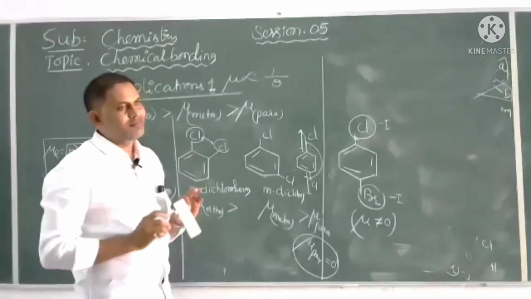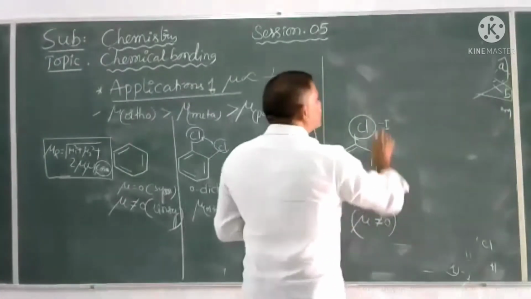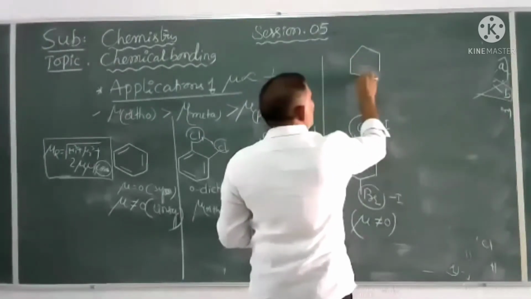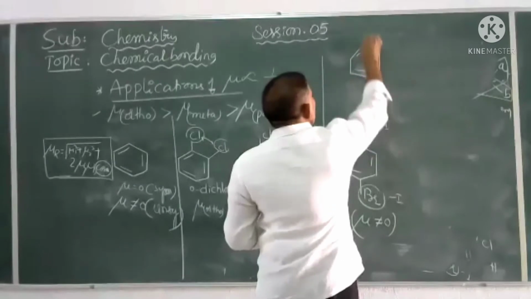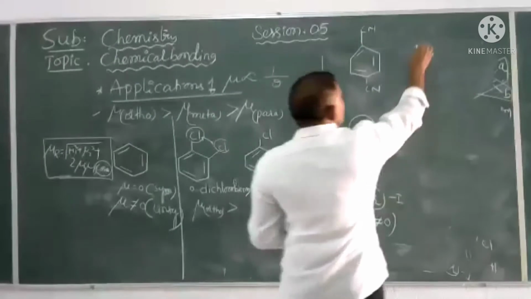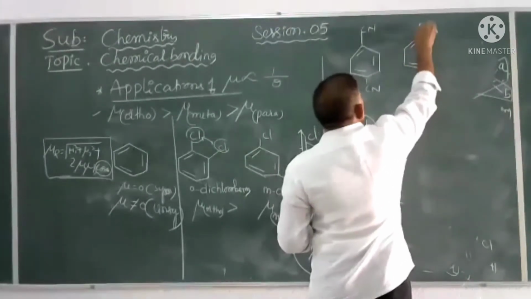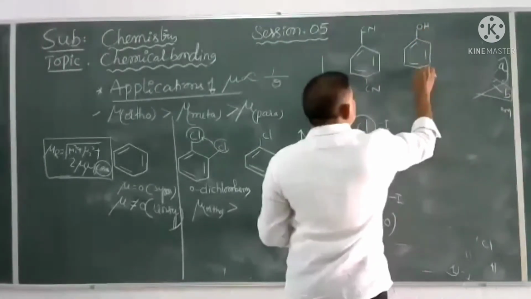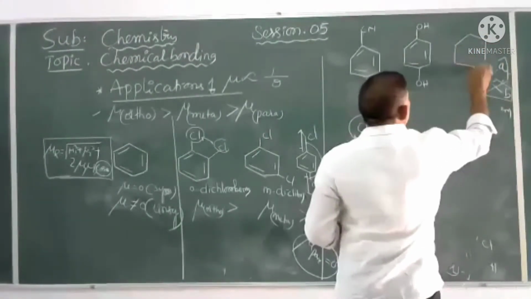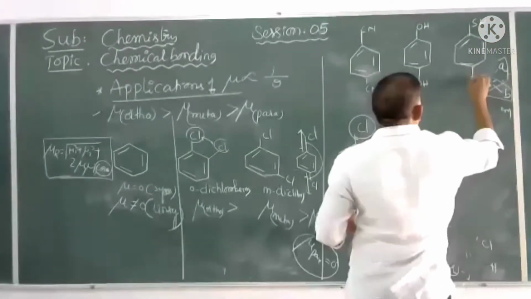So based on this, in the IIT examination, one year they asked, given three important pairs. One is at para position only CN and here CN. Now this is the benzene. To the benzene at para position, two OH groups are present, and one more important group is present, the thio group, that is SH and here SH.